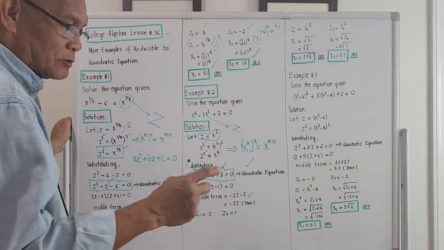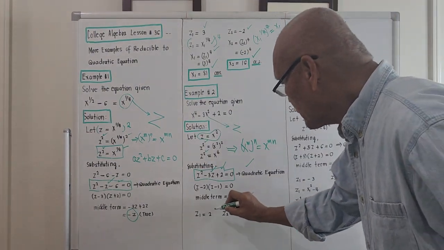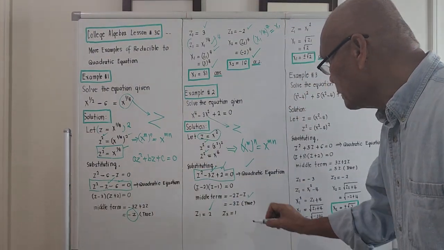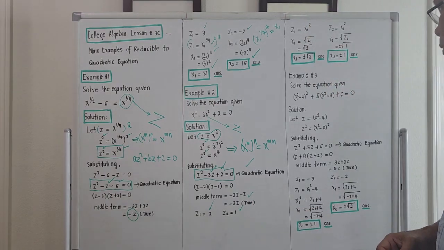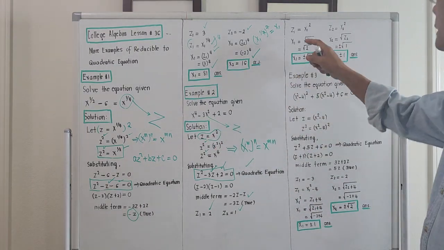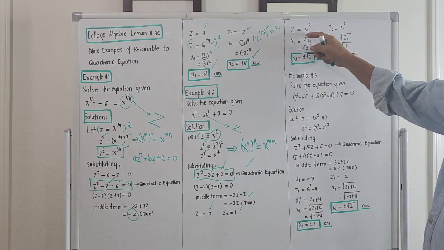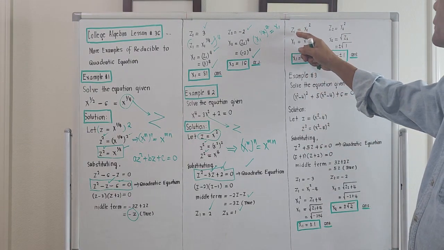And equating its factor to 0, z1 will be equal to positive 2, and z2 will be equal to positive 1. So going back to the original substitution, z is equal to x squared. Computing for the value x1, we now put the subscript 1.